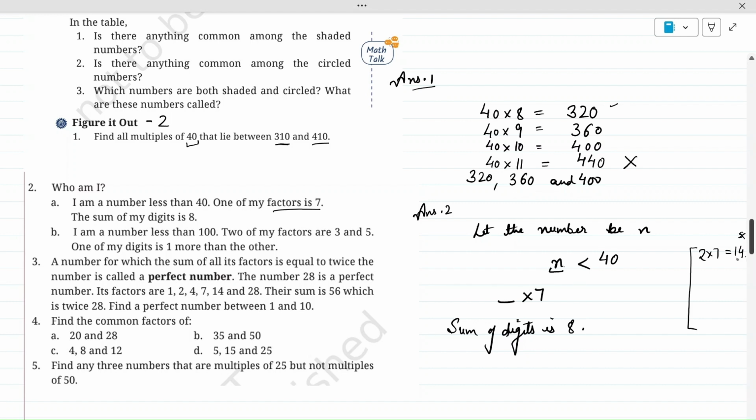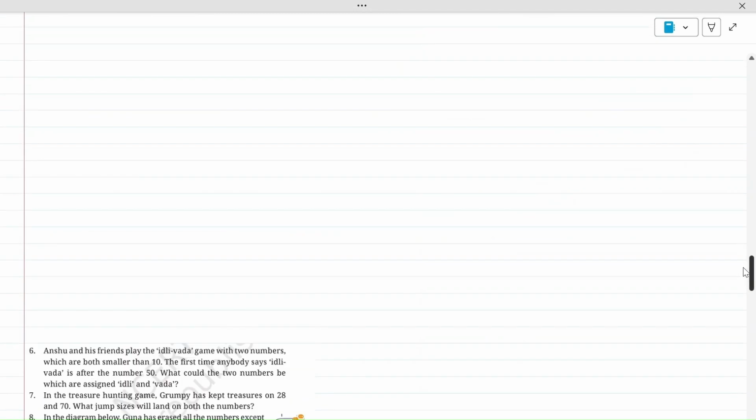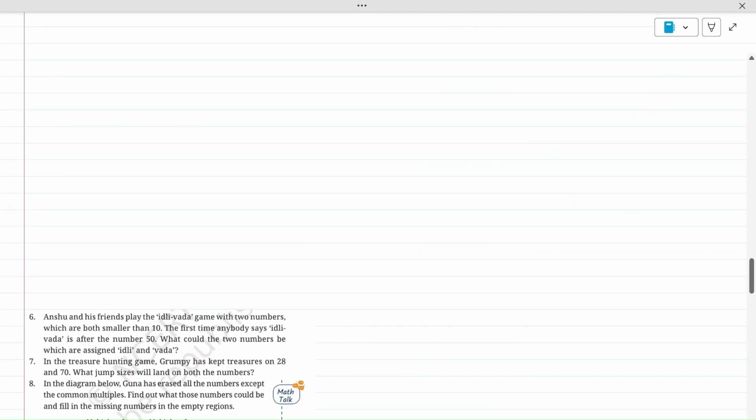So this is not true. Now I am taking the next number 3. 3 multiplied by 7 is 21, and the sum of 2 plus 1 is 3, which is also not true, right?